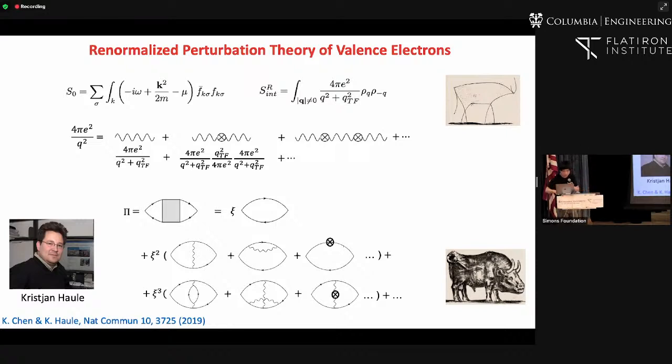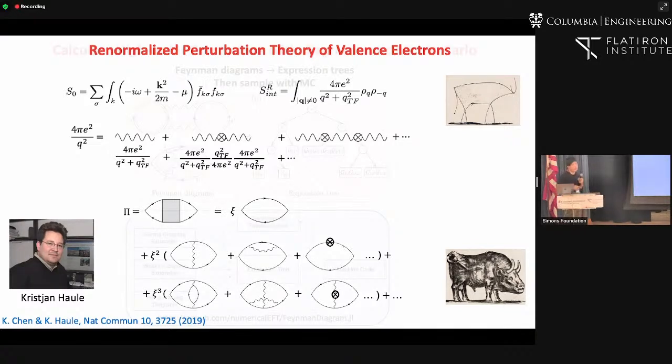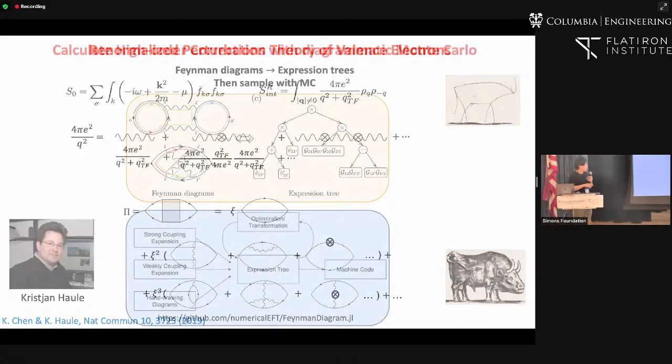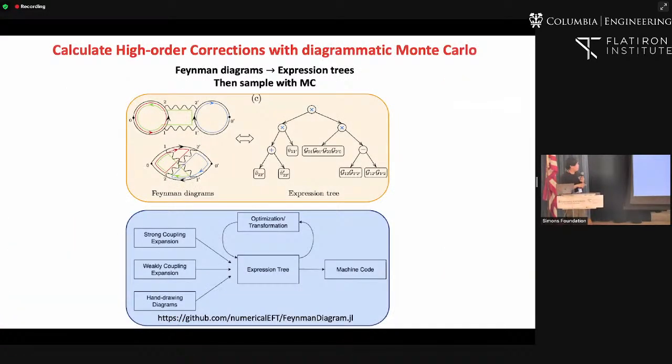We use this, of course, though high order Feynman diagrams become very complicated. There are tens of thousands of Feynman diagrams that have different topology. However, these Feynman diagrams actually have a simple structure. They are really just the sum and the product of different components, like a Green's function and Yukawa interaction.